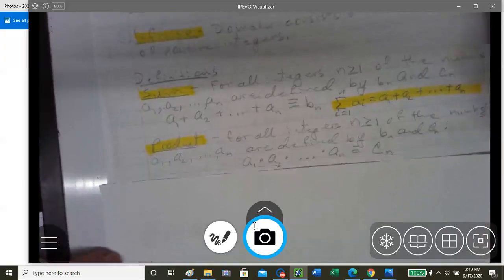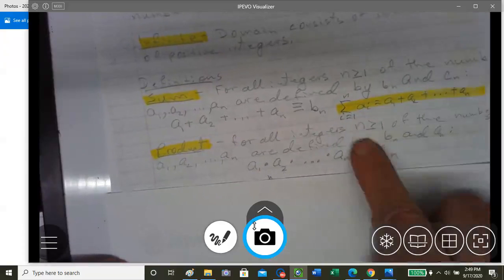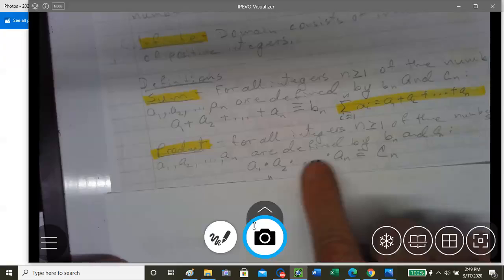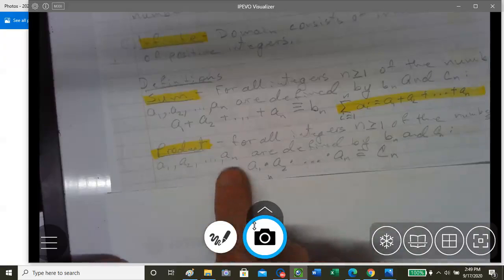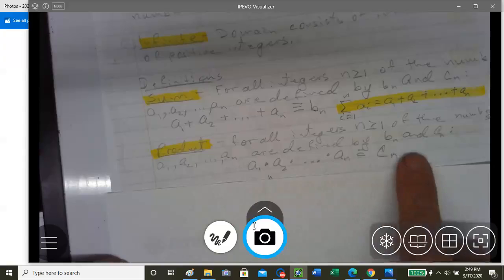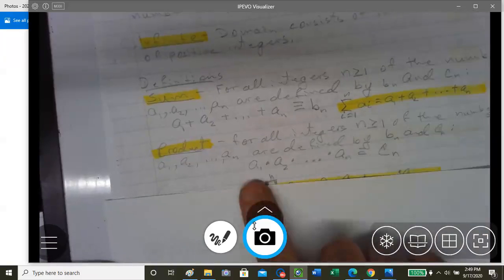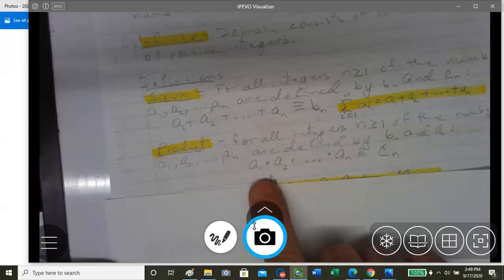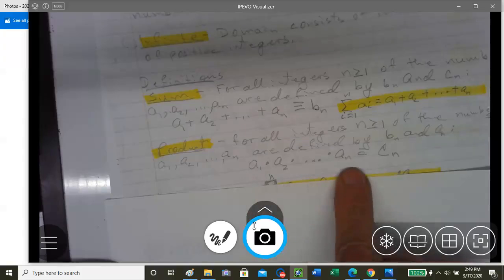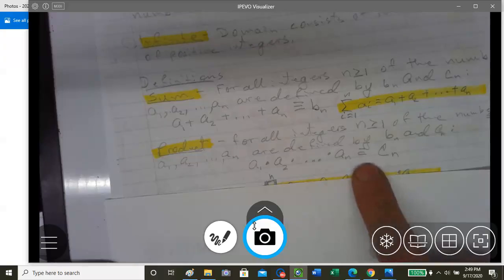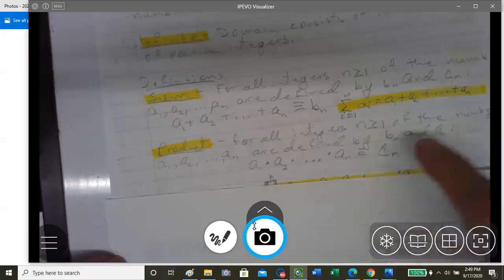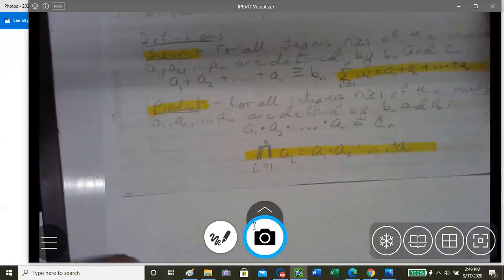Product: for all integers n greater than or equal to 1, the numbers a1, a2 to a sub n are defined by, again, some answer, b sub n or c sub n. You're multiplying a sub 1 times a sub 2 times a sub n, and that equals some number c sub n.